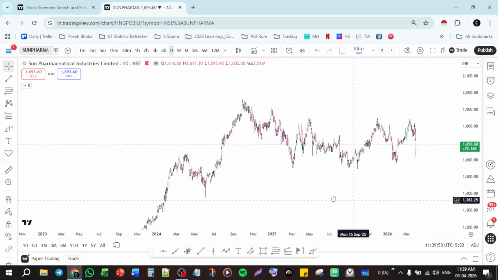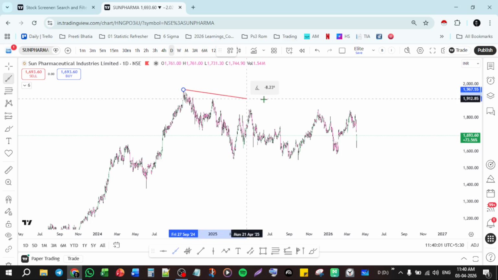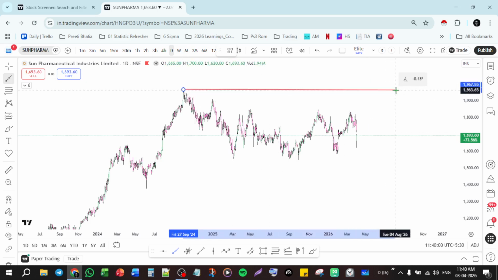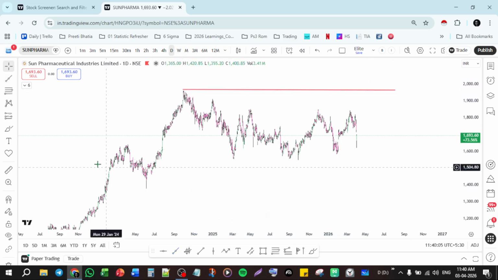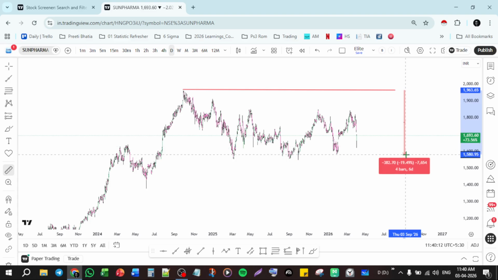My second problem: from its high, where is the last real high? I will go to the measure tool and just measure the current price from the high.